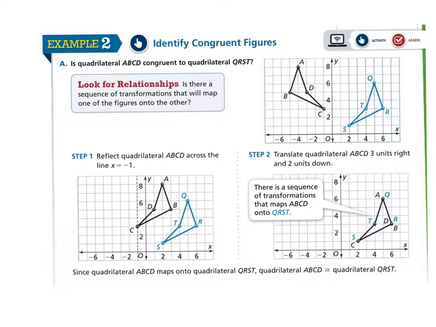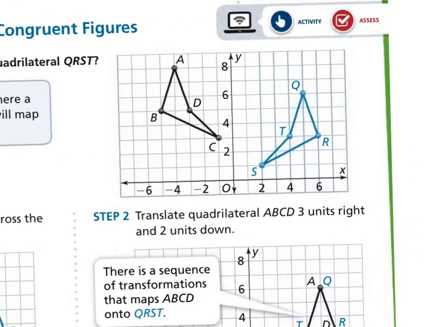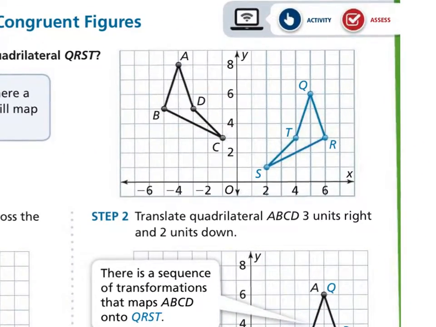The other option here, if we had tracing paper, or paper that was clear enough that we could see through, would be just to draw this original figure, and then obviously it would have to be flipped over.